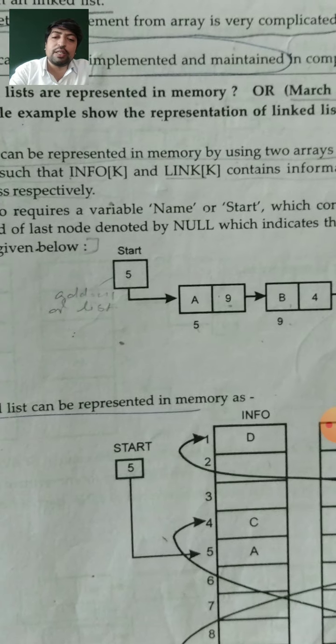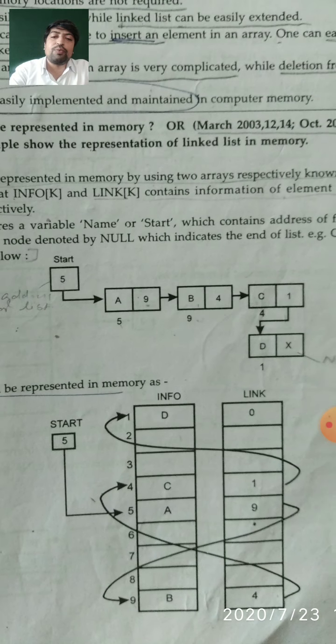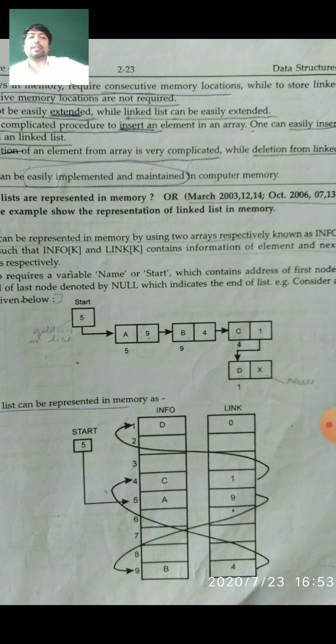So see the third important point for representation of the given list in the memory. Firstly, we will create the total number of address parts. The maximum address is 9, so we will take 9 indexes: 1, 2, 3, 4, 5, 6, 7, 8, 9.